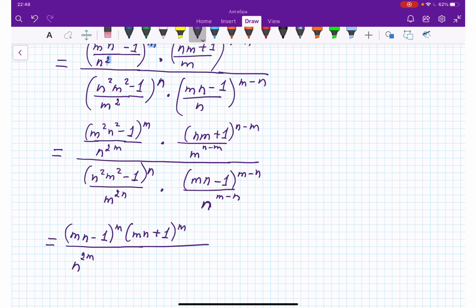And when I divide two fractions, in the denominator, what's going to happen? This m^(2n) comes to the numerator, and this (n² m² − 1)^n I'm going to open as (nm − 1)^n times (nm + 1)^n, right? As a² minus b².